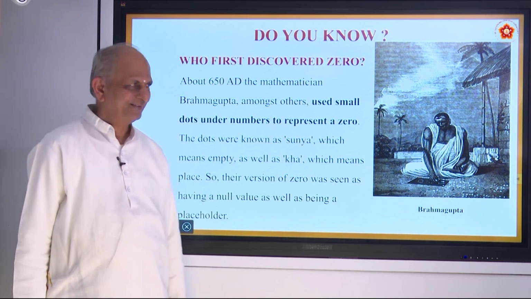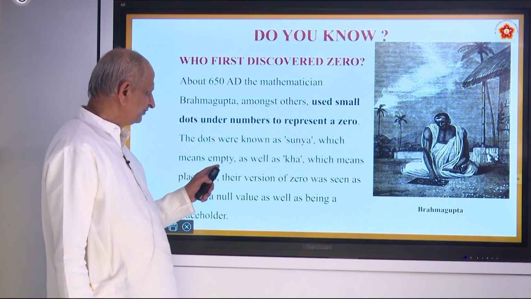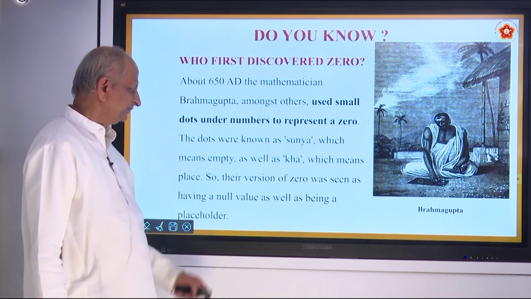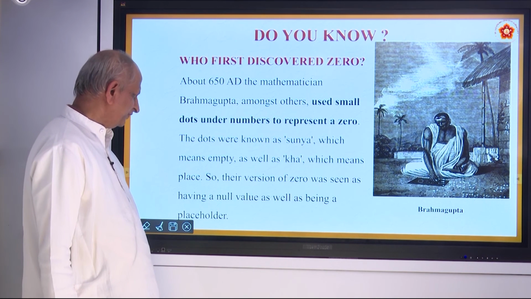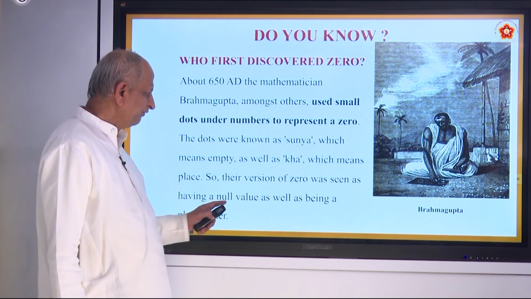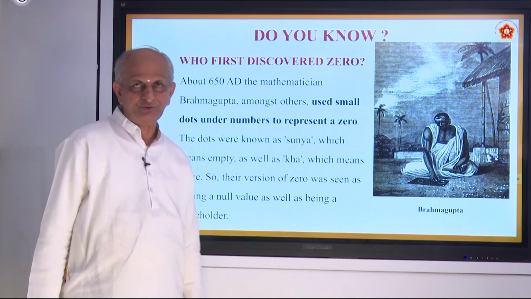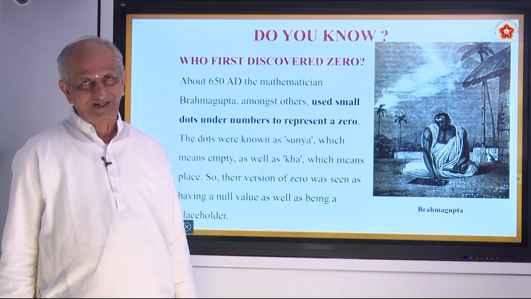Shunya means 0, which means empty, as well as kha, which means place. So, place value. Their version of 0 was seen as having a null value as well as being a placeholder. So, no value, but place is there, is it not?